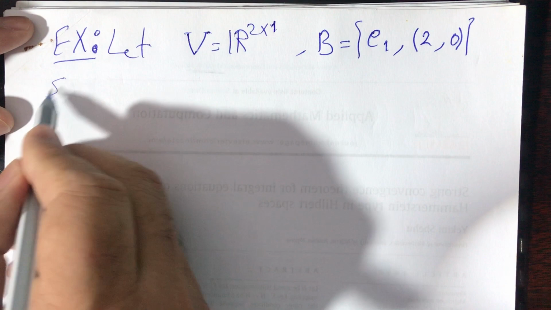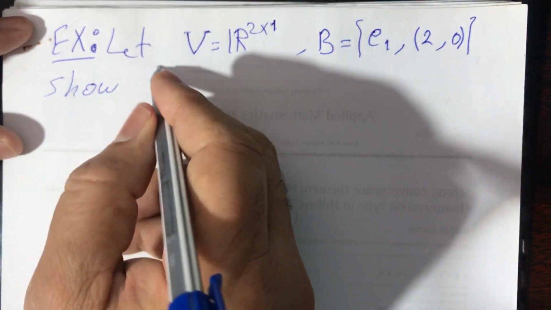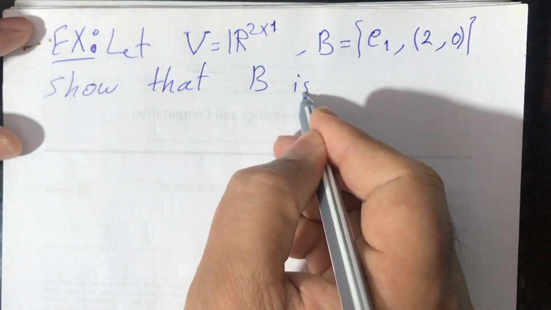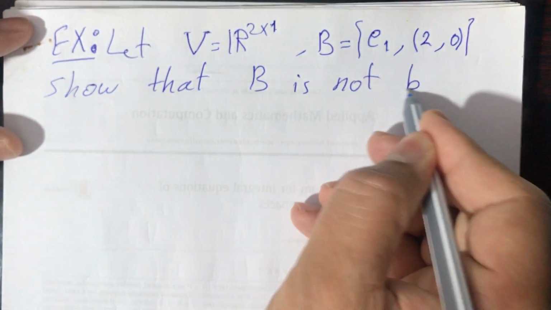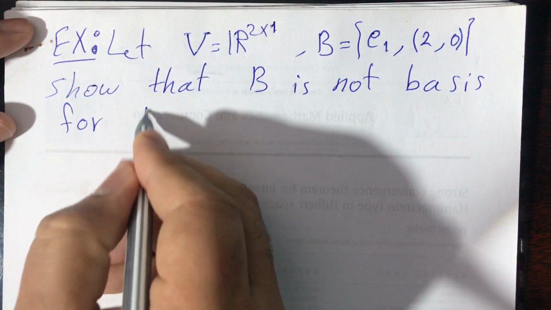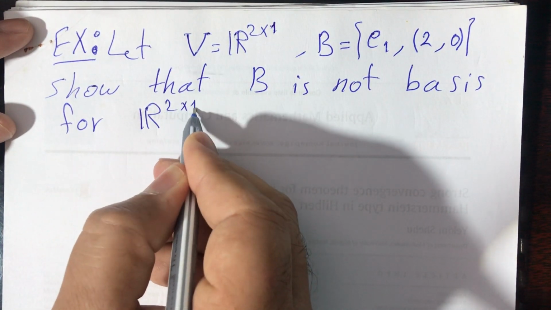Show that B is not a basis for R2 times 1.